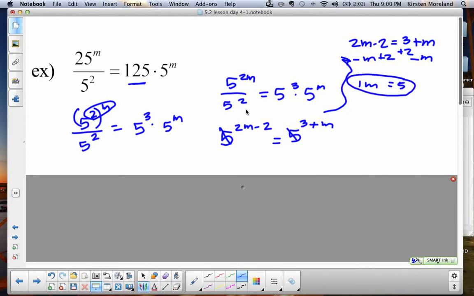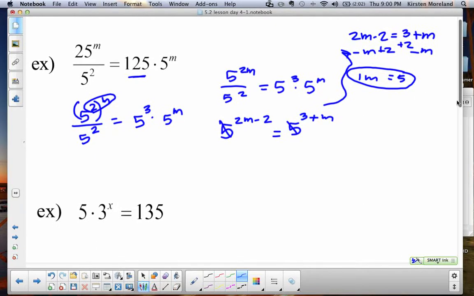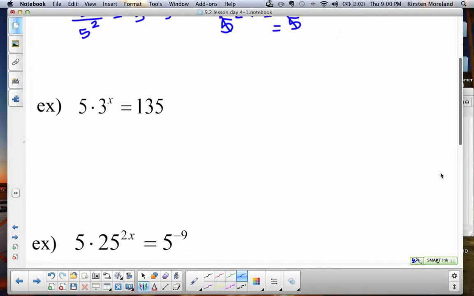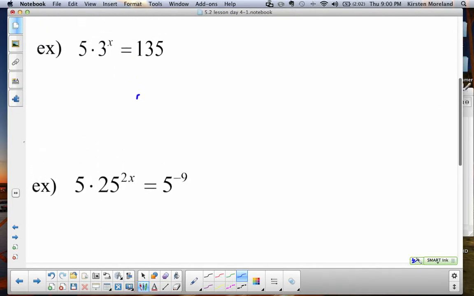Right, 2 more to go. So this one is 5 times 3 to the x equals 135. Excuse my writing here. The first thing is I'm going to get rid of that 5 by dividing because it's not in the same base.